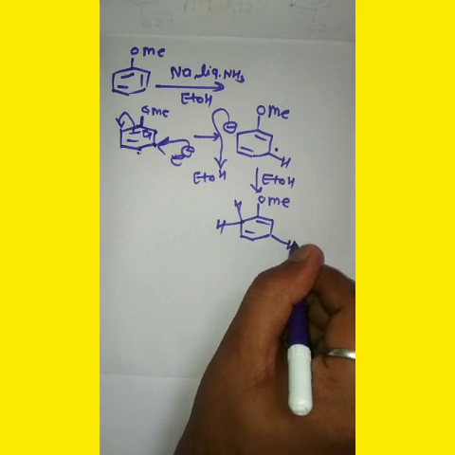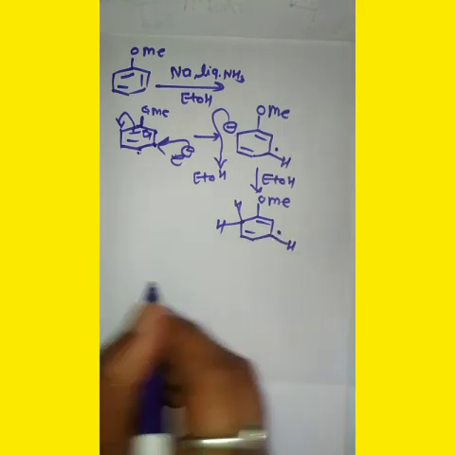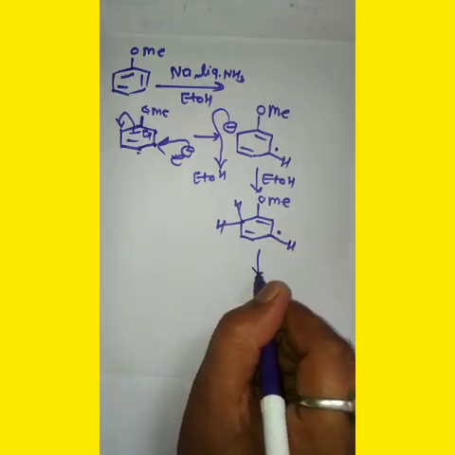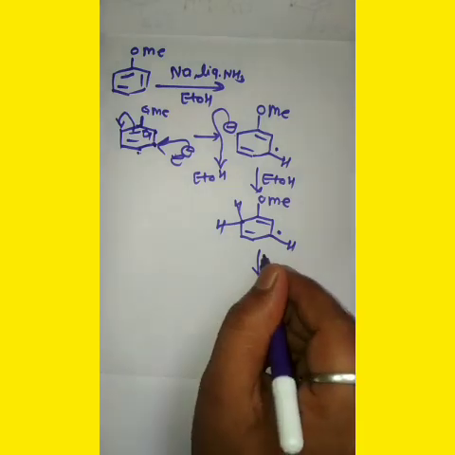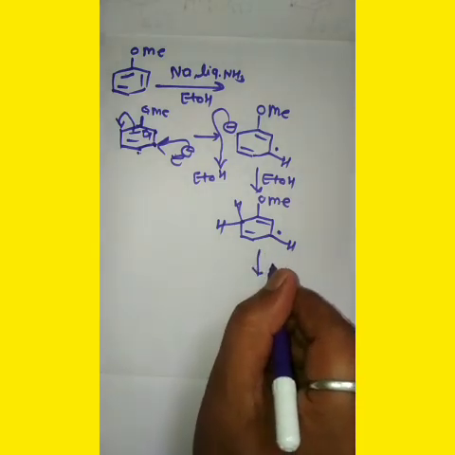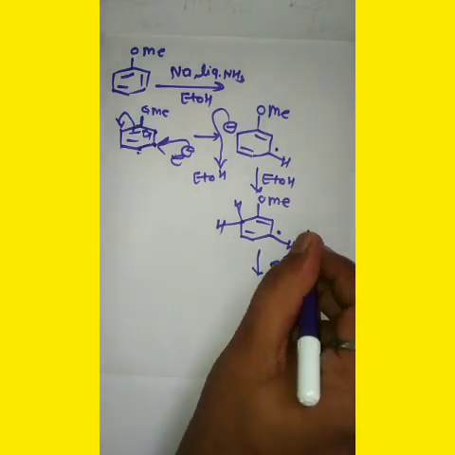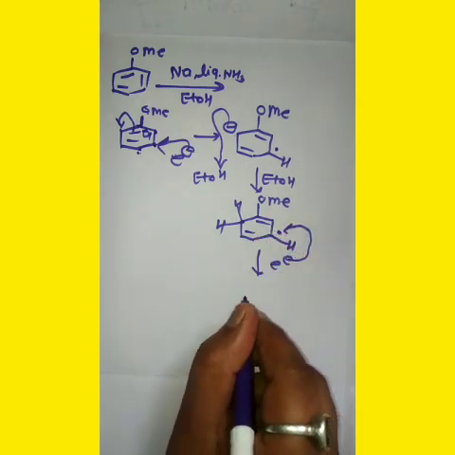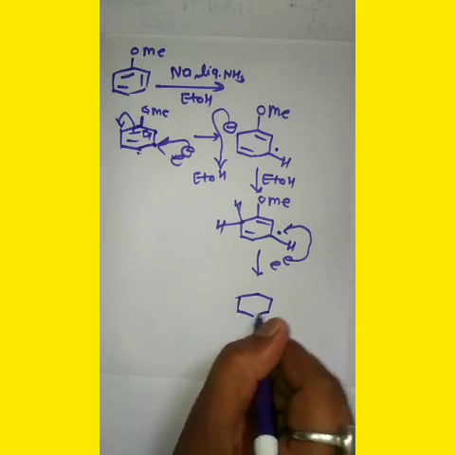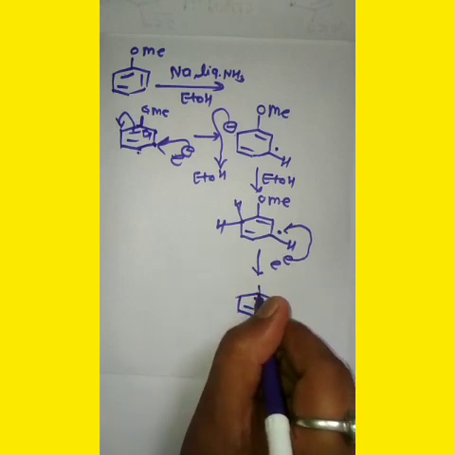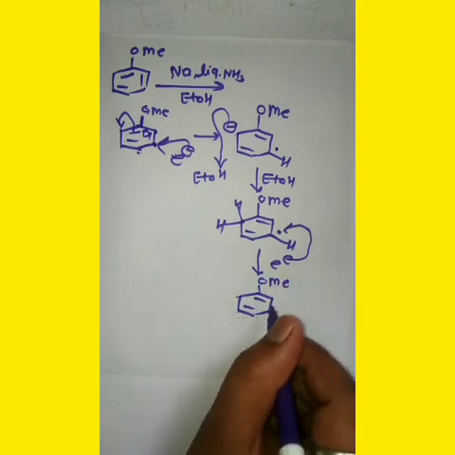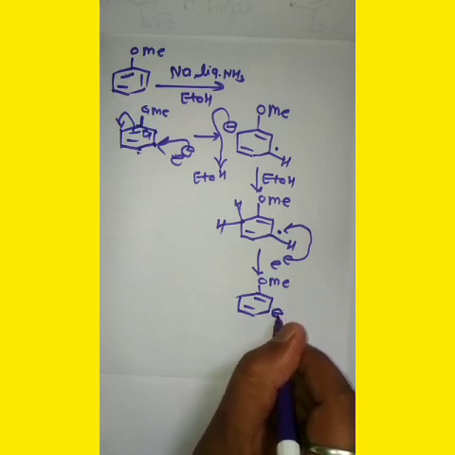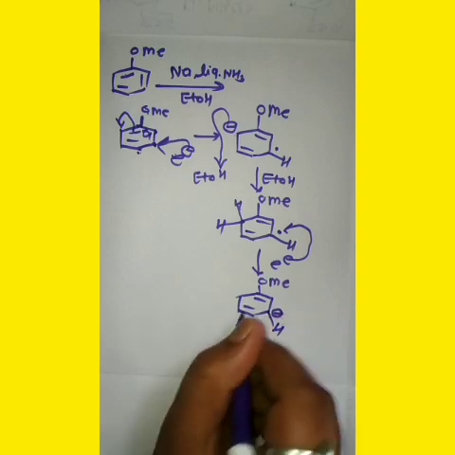Once again, the second solvated electron adds at the meta position, and we get a negative charge here. The first proton is there.